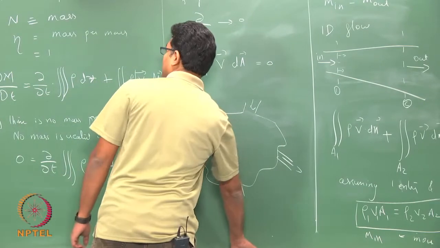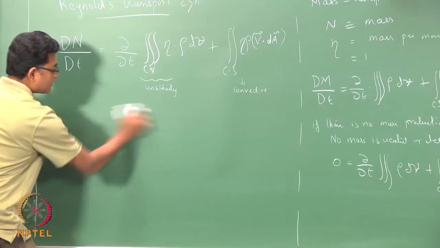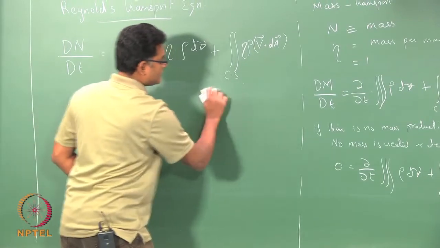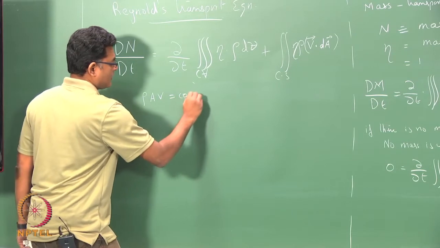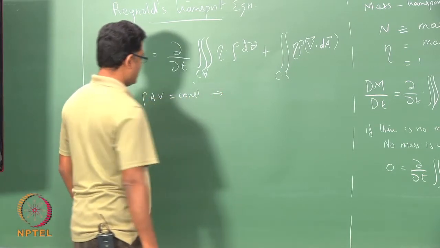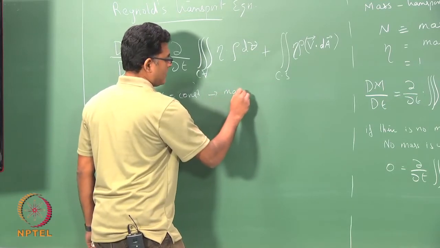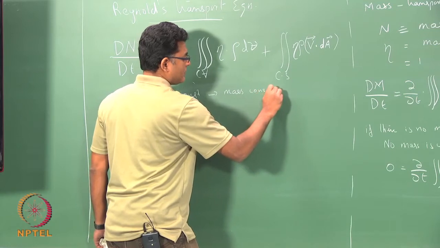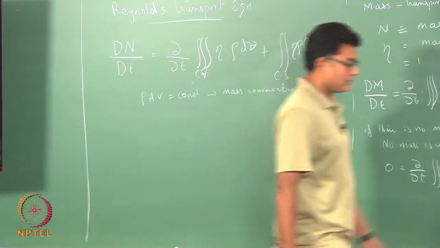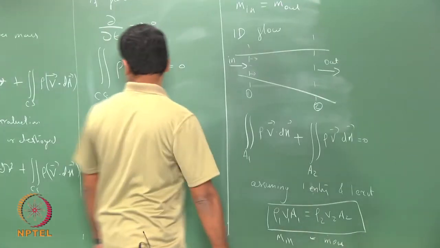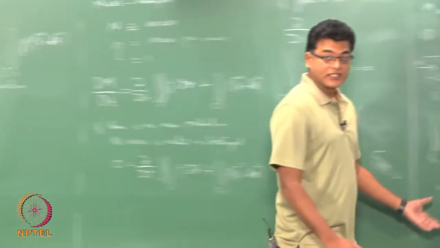So, rho A V, where V is the velocity, rho A V is constant.